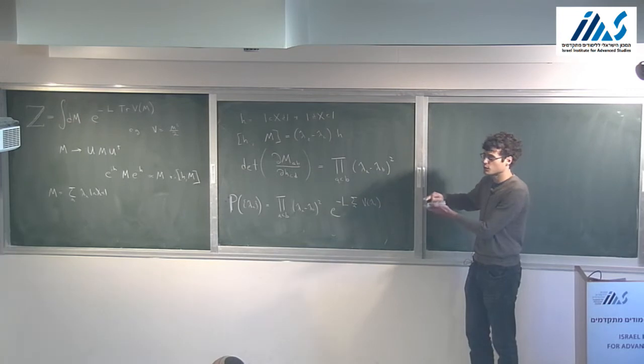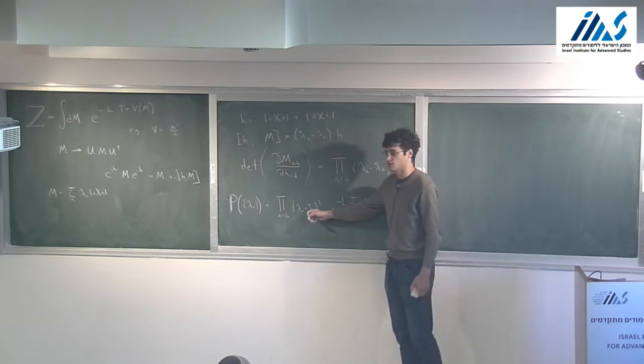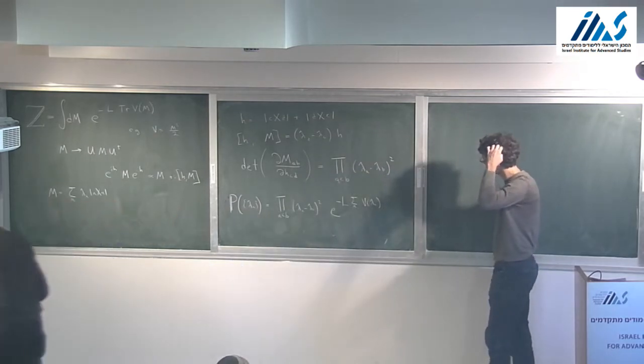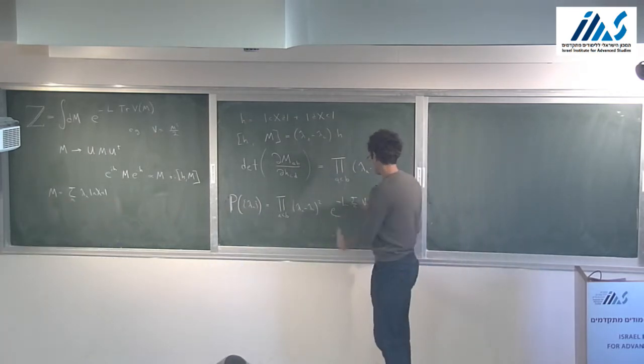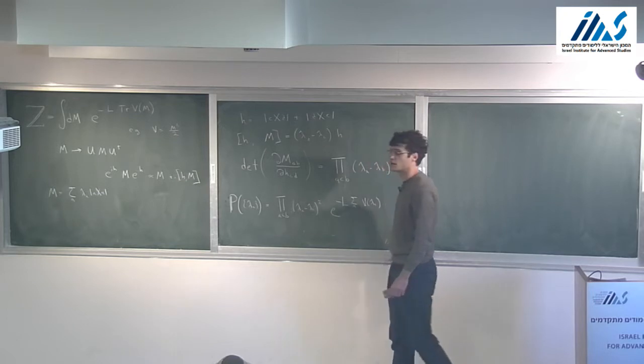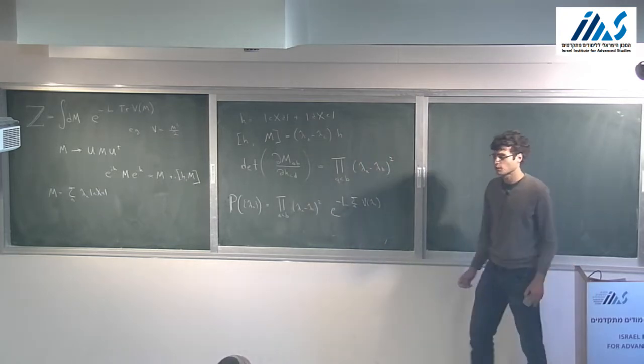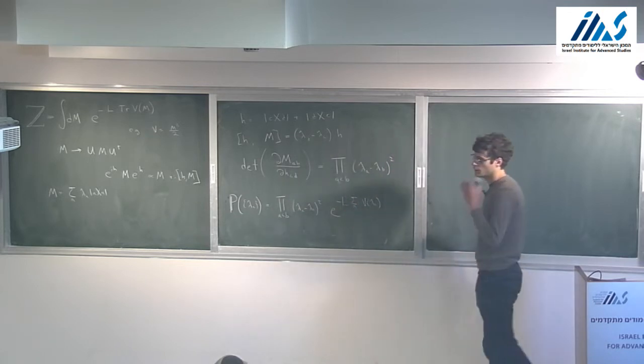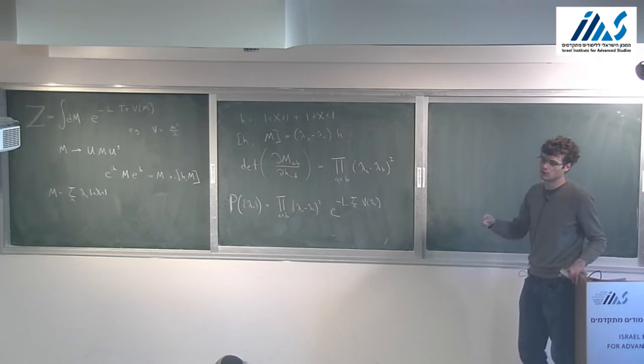If eigenvalues are close to each other, this factor vanishes, so the probability is small. But if all the eigenvalues are on top of each other, this factor will complain. So there's some kind of compromise which is reached between the repulsion due to this Vandermonde determinant and the fact that the eigenvalues want to be sitting near a minimum of the potential. And we can use that to solve for the distribution of eigenvalues you have at large L.